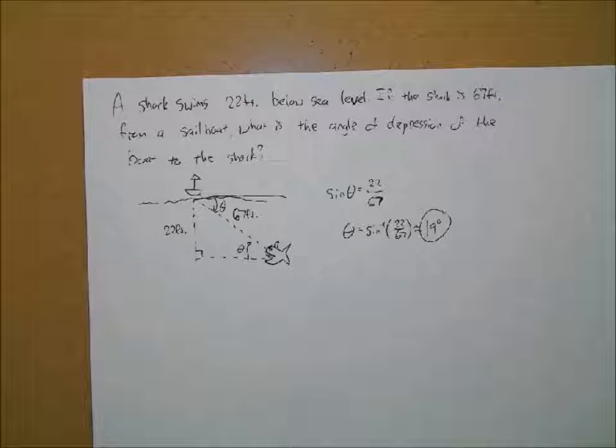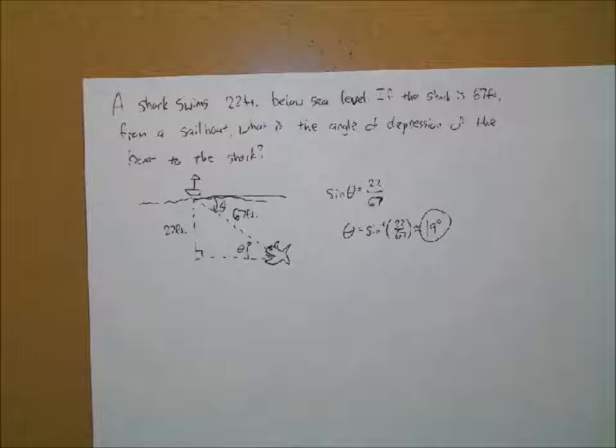So again, keep in mind, if you're solving for angle of elevation or angle of depression, it always has to be between a horizontal and your actual line of sight. So consider your observer, consider its horizontal line of sight, and then angle down for an angle of depression. Or angle up from the horizontal to get your angle of elevation there.